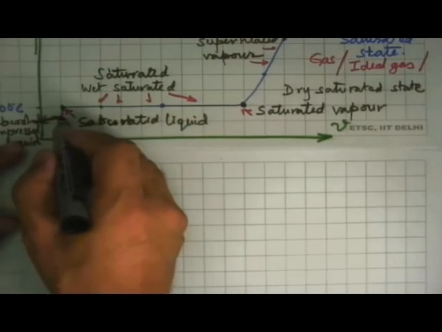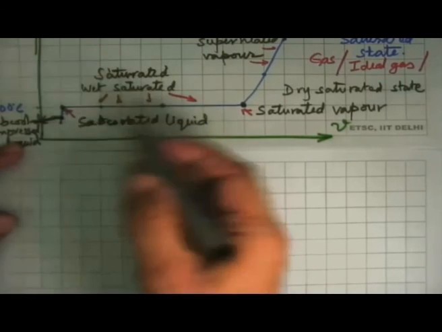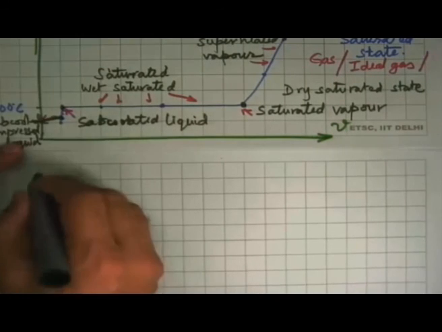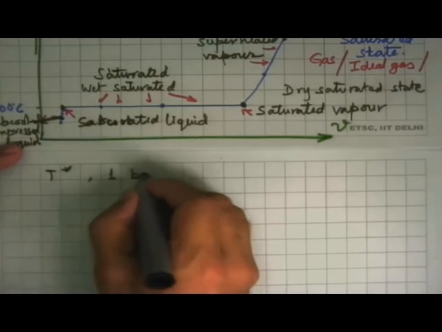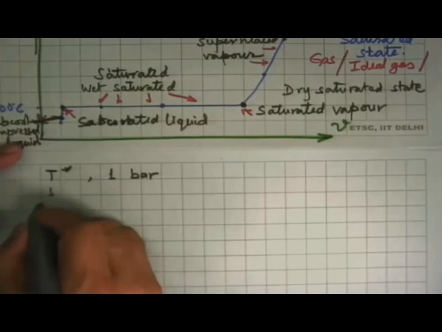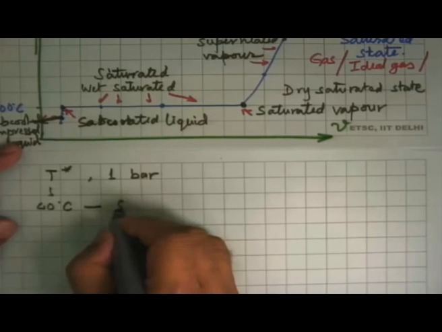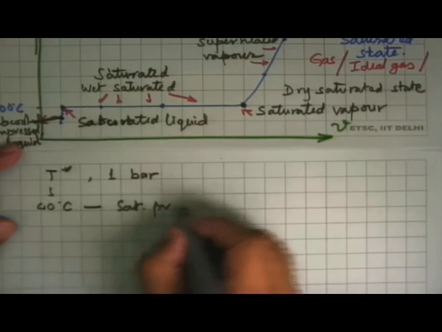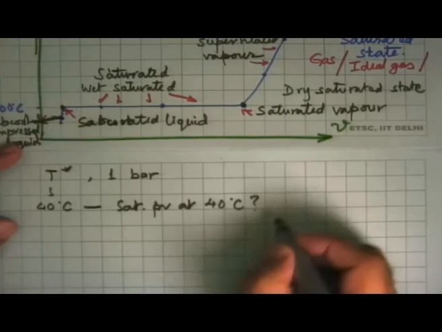What is the pressure here compared to the saturation pressure at 40 degrees Celsius? Okay, so we have T star and 1 bar, and say T star was 40 degrees Celsius. Then we say, well, what is the saturation pressure at 40 degrees Celsius?